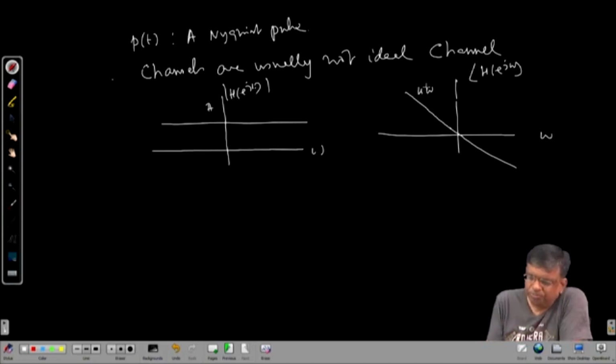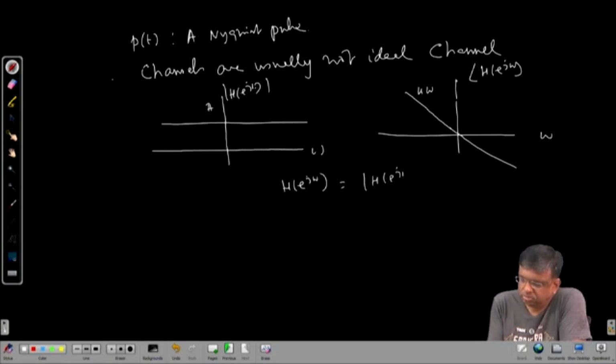You can easily see what H of j omega is for any omega. It is the magnitude times e to the power j angle, and this is constant, maybe A, and this is e to the power j k omega.